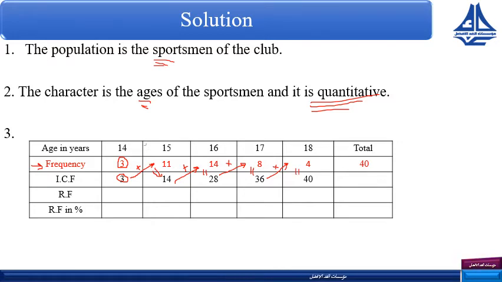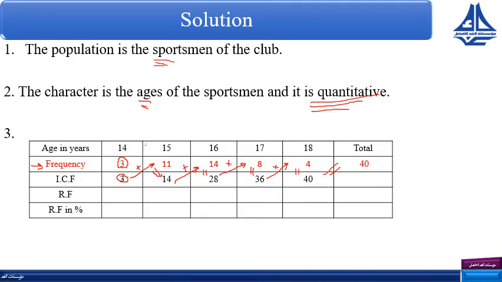Now to make sure our work is true and we are solving correctly, and that the values of this frequency are correct, we should add: 3 plus 11 is 14, plus 14 is 28, plus 8 is 36, plus 4 is 40, which is the same as this value. This is how to find the values of frequencies from the ICF.